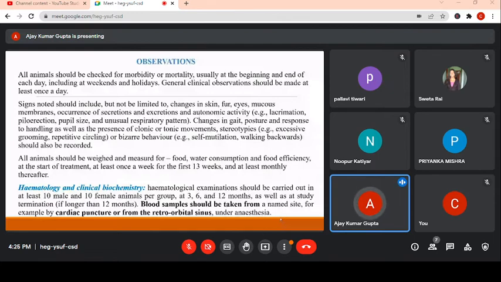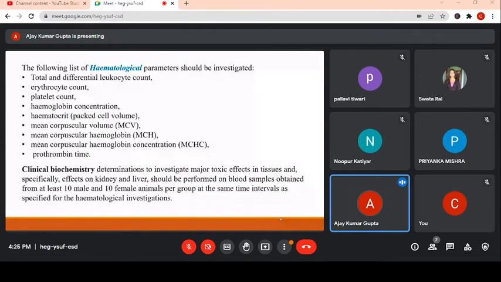The following list of hematological parameters should be investigated. Total and differential leukocyte count, erythrocyte count, platelet count, hemoglobin concentration, hematocrit, that is packed cell volume, mean corpuscular volume, MCV, mean corpuscular hemoglobin, MCH, mean corpuscular hemoglobin concentration, prothrombin time.